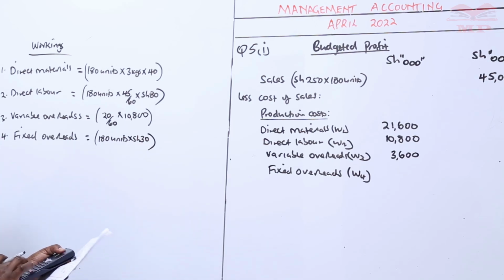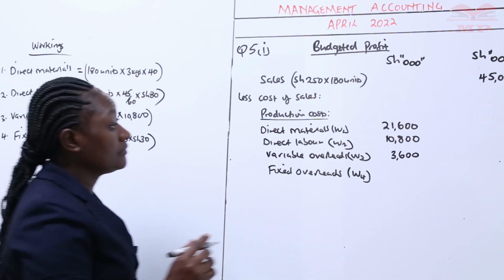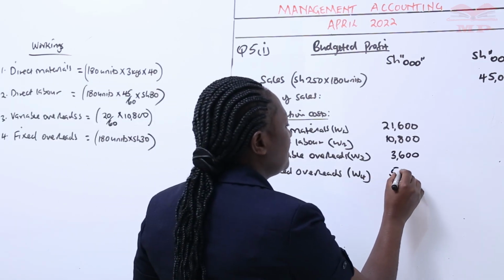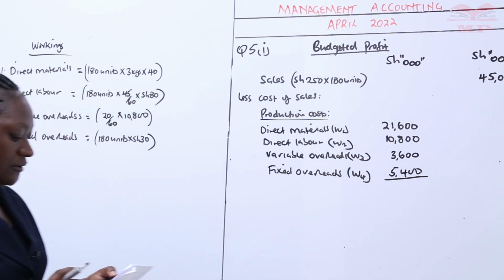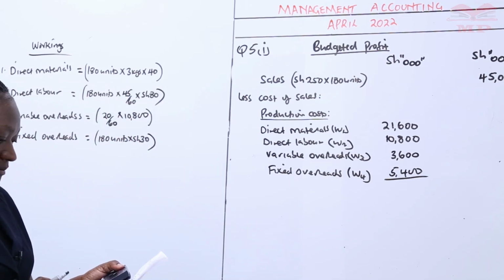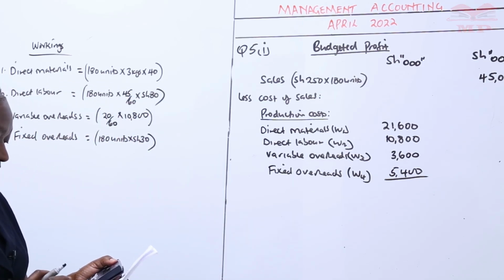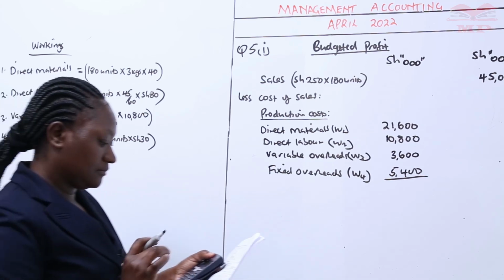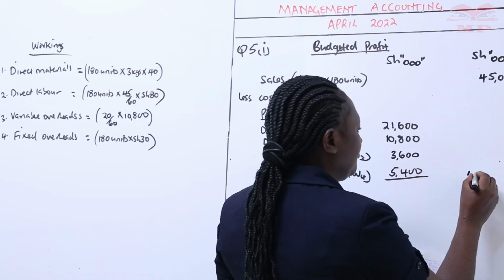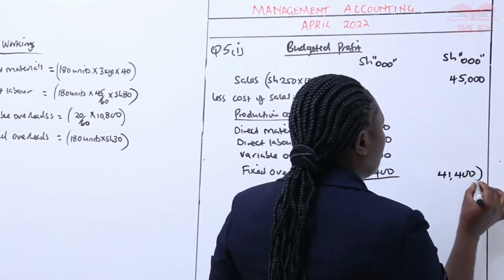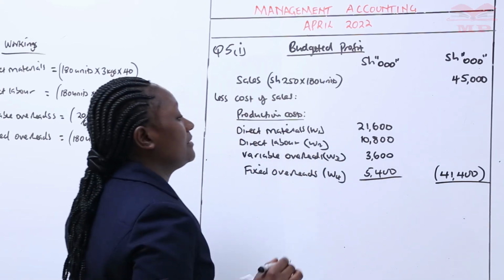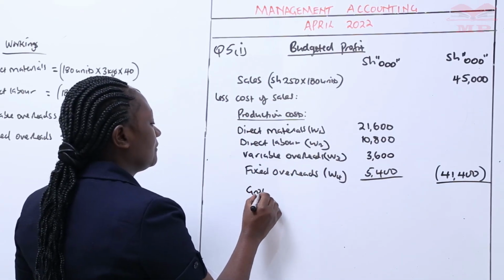And this will be 180 times 30, which is 5,400. We now get the total of that. This will give us 41,400.